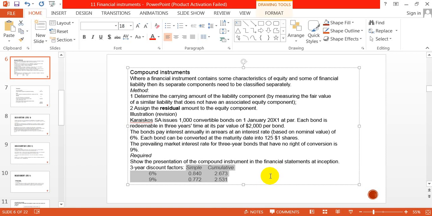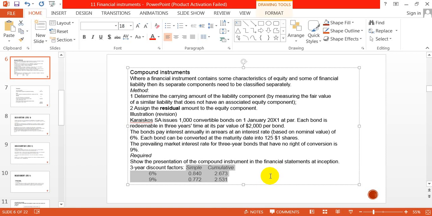Then the simple rate, you use it to discount only in the last year when the principal will be repaid. So there will be interest in year 1, year 2, year 3. Those you discount using the cumulative discount factor. Then the principal, which is paid only once in the last year, you use the simple interest.